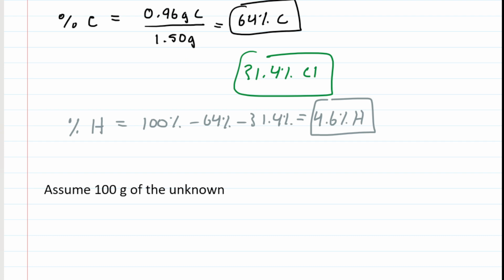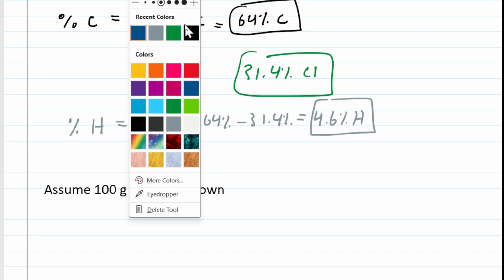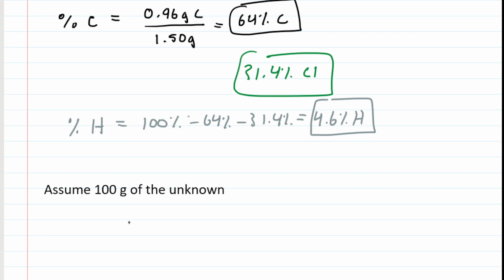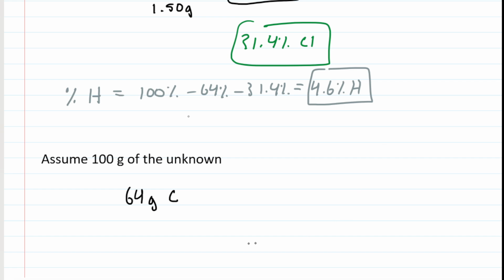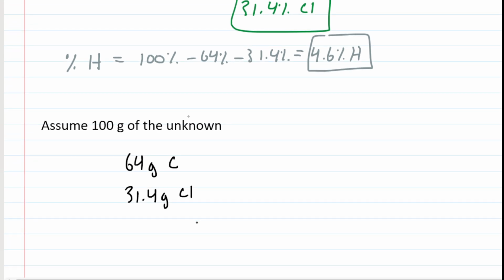If you have 64% mass of carbon in a 100 gram sample, then you have 64 grams of carbon. Similarly, if you have 31.4% by mass chlorine in a 100 gram sample, you'll have 31.4 grams of chlorine. And by the same reasoning, we're going to have 4.6 grams of hydrogen.